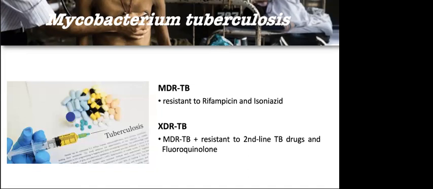So we have the multi-drug resistant TB bacilli. They're usually resistant to rifampicin and isoniazid. So if we're not really dedicated to following the set treatment regimen, and just take the drugs haphazardly, that would result in resistance to the drugs.